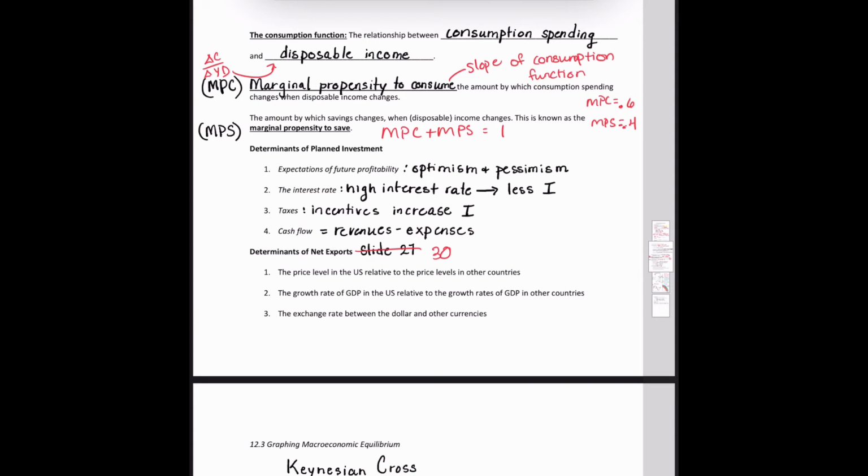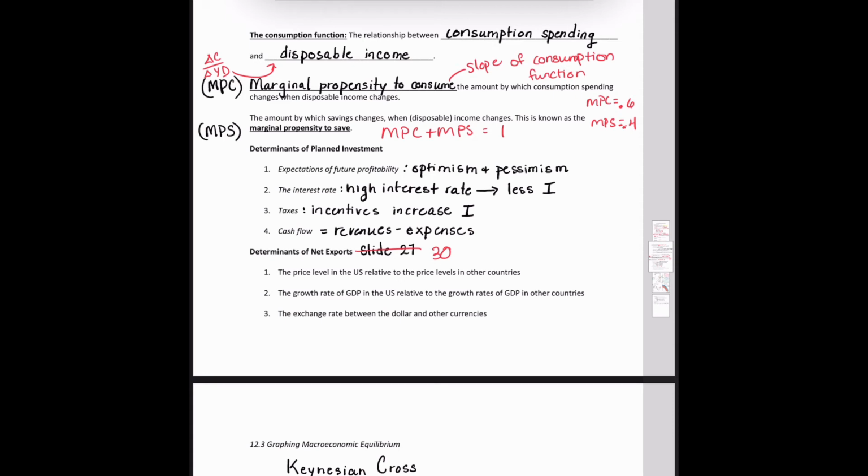This isn't an international economics course, so I'm not asking you to have a deep understanding of this, but just to understand that as the price level in the U.S. relative to other countries rises, net exports will decrease. If U.S. GDP is growing faster than foreign GDP, net exports will decrease. And if the U.S. dollar appreciates in value, net exports will decrease.